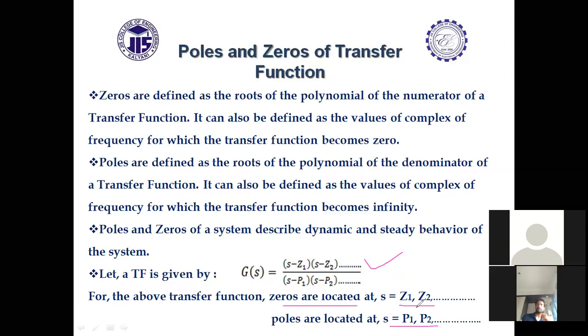Now, this is a very important point that the system's dynamic and steady state behavior entirely depends on the pole zero location. So first we must understand how to calculate the values of pole zeros. Once pole zero values are calculated, then we can move further to analyze system response and system behavior based on those pole zero locations.